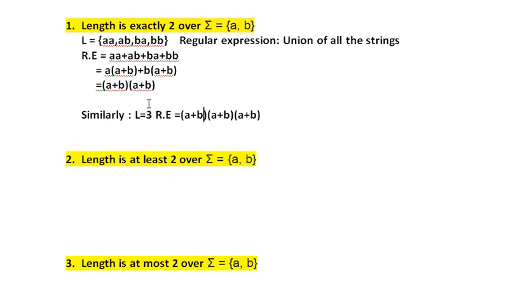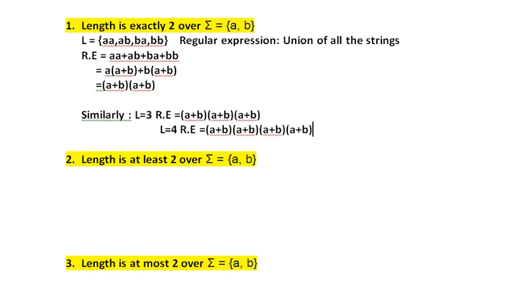See, this is length equals 3. So length equals 1 means this one, length equals 2 means this one, length equals 3 means the entire one. If length equals 4, then what will be the answer? We'll be having one more expression like this.